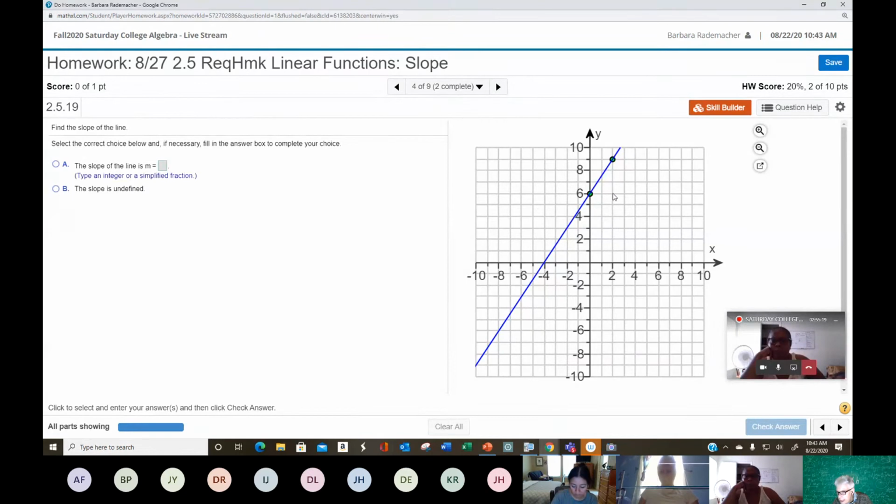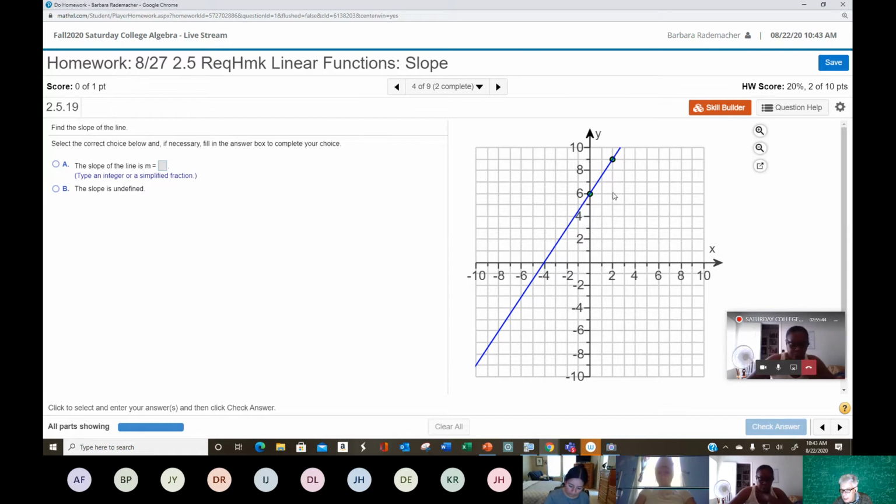Imagine making this into a right triangle, where this is the height of the triangle, and this is the base of the triangle. So this is the base, and this is the height. If I count down the height, it would be 1, 2, 3.